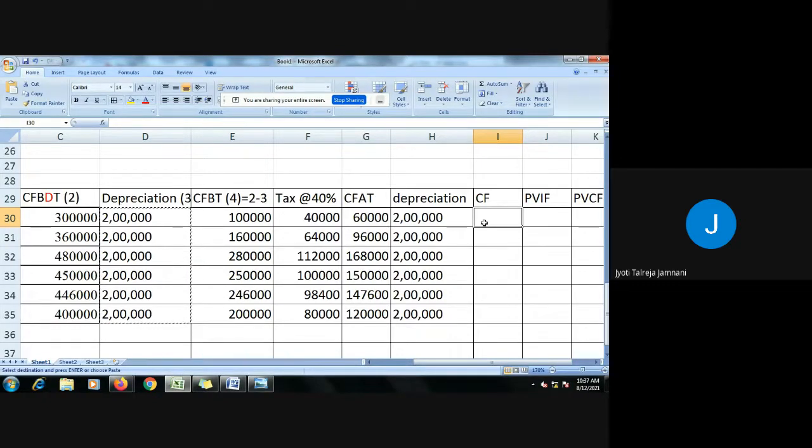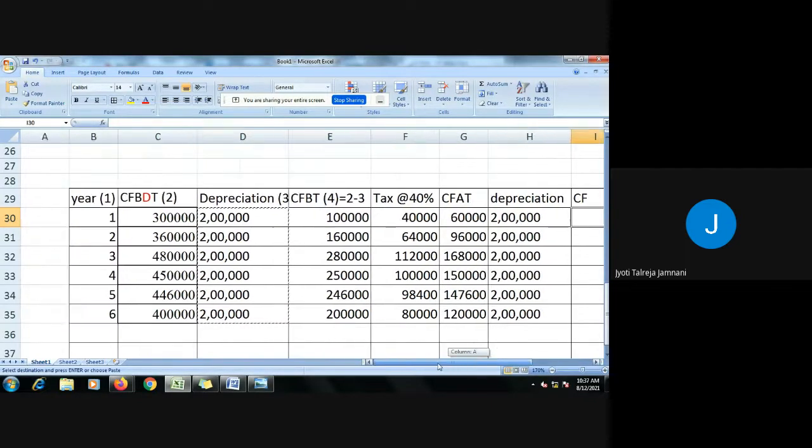We cannot remove it. Okay, then why did we remove it in the first place if we have to add it back? Because if I wouldn't have removed 2 lakh rupees from here, then I would have charged tax on a higher amount. So directly tax on 3 lakh rupees, 40% would be much higher than tax of 40% on 1 lakh rupees. Whenever we pay tax, it is after deducting all the expenses.